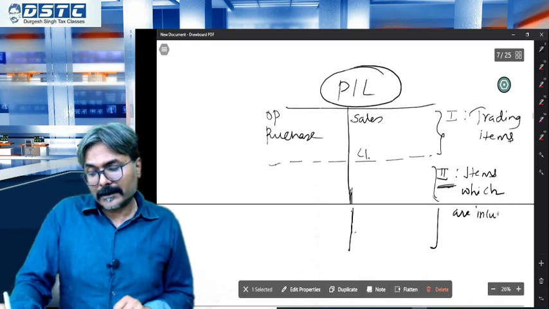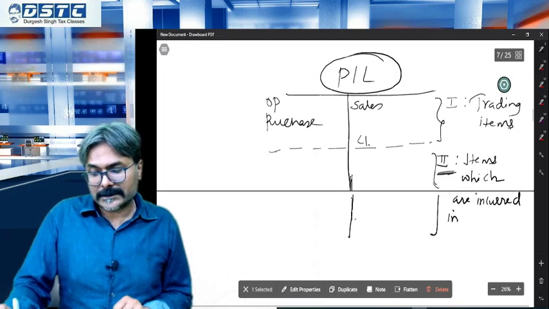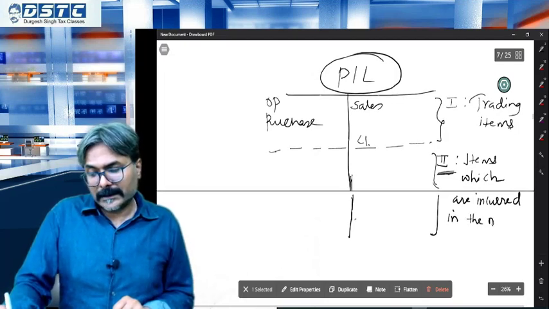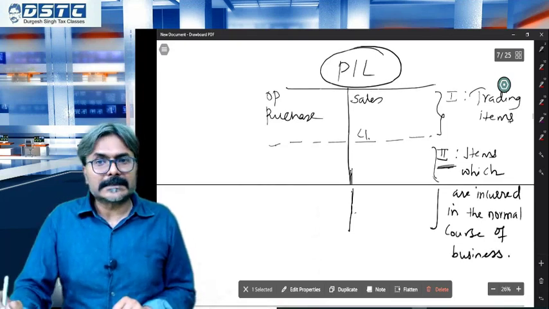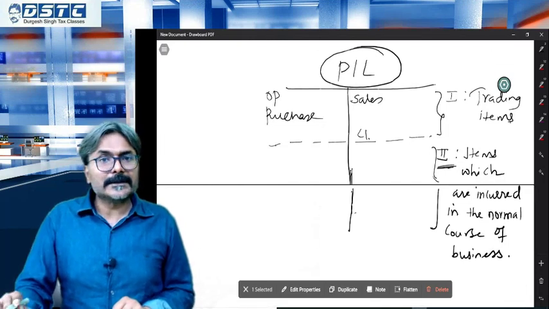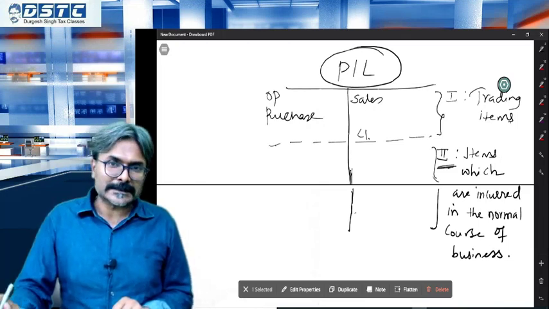Items which are incurred in the normal course of business. So the second part in this regard, students, is those items which are incurred in the normal course of business.